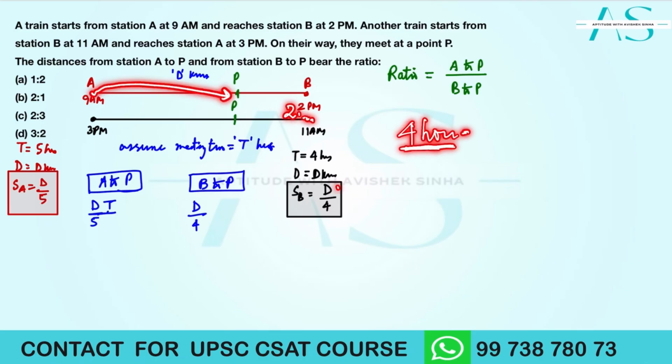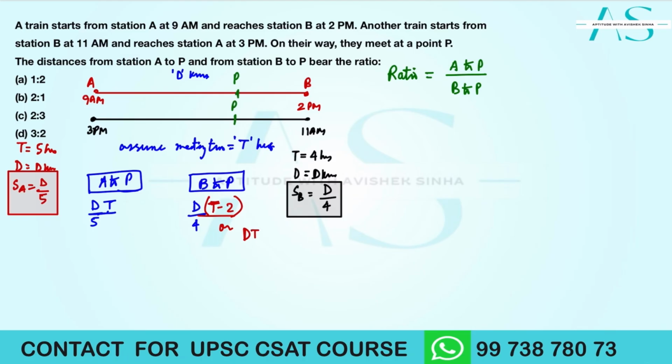The second train is only traveling for 4 minus 2, which is 2 hours. So second train is traveling for T minus 2, always 2 hours less. Now, you can write this as d(t minus 2) by 4. This is the distance. डिस्टेंस आपने कैलकुलेट कर लिया.